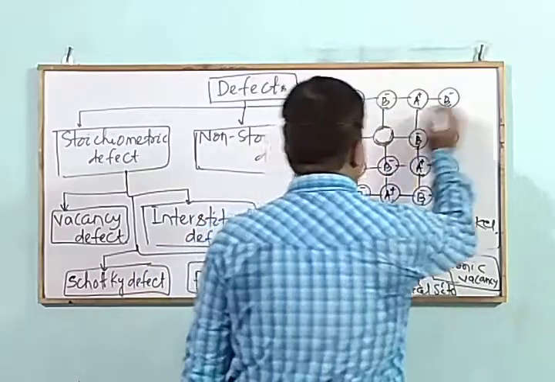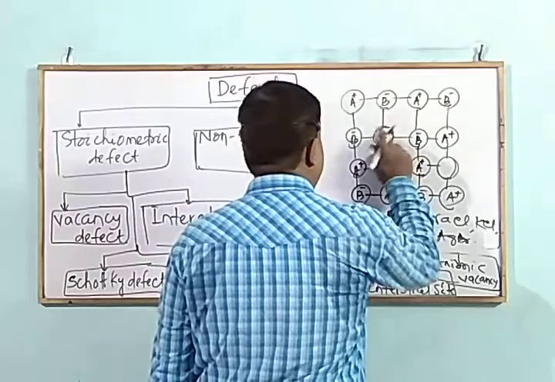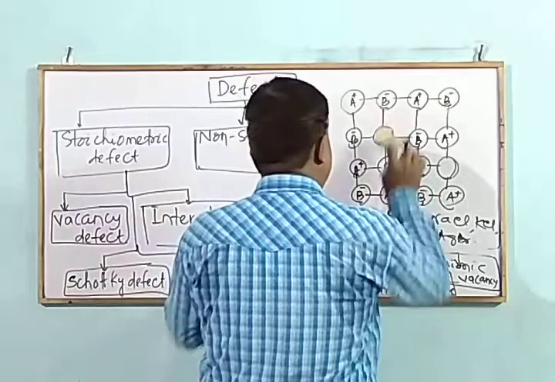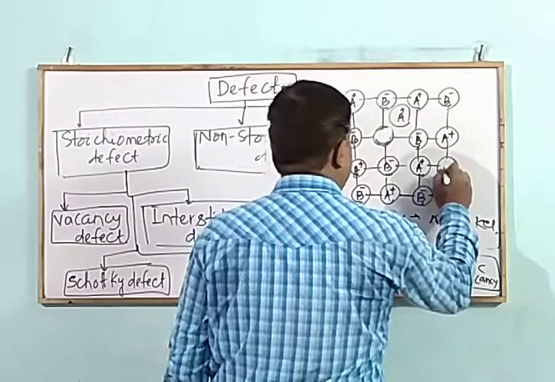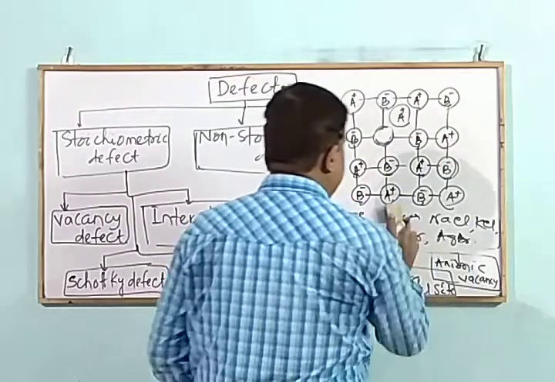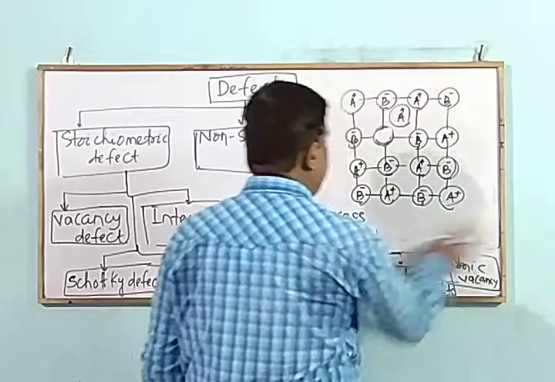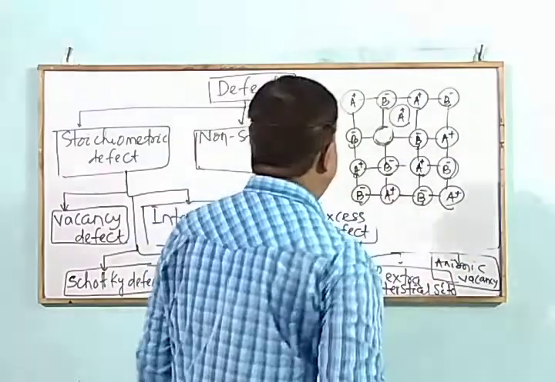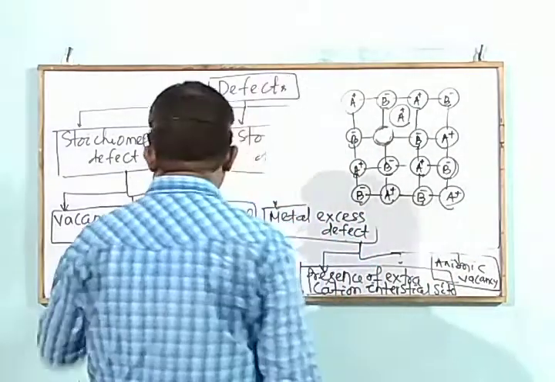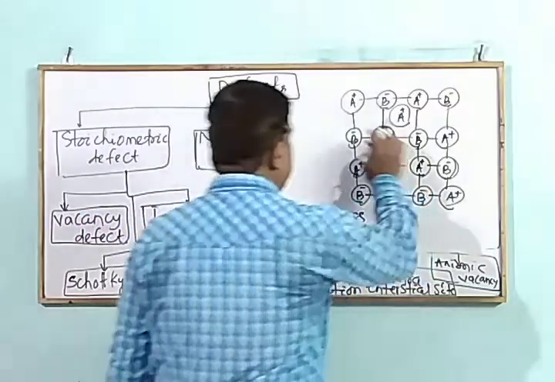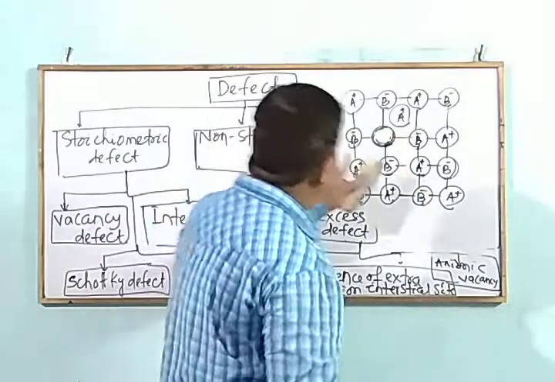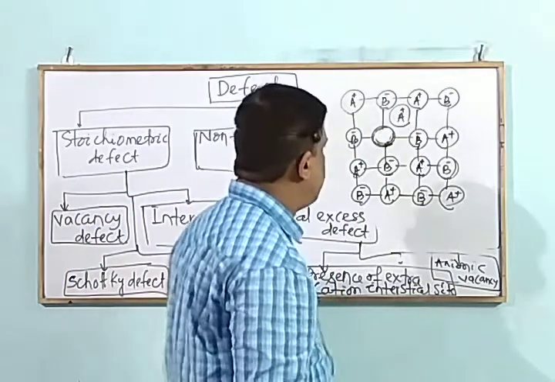A plus, B minus, A plus, B minus, B minus, A plus is missing, it is present here, B minus. This is the defect shown by ionic solid, and it is known as Frankel defect. That is, the cation is not present at the normal lattice site, but it occupies the interstitial space.